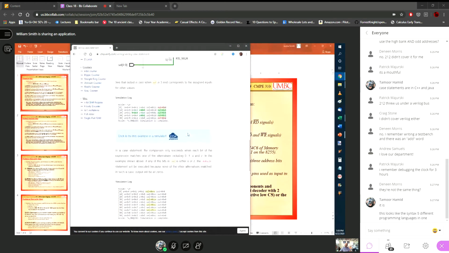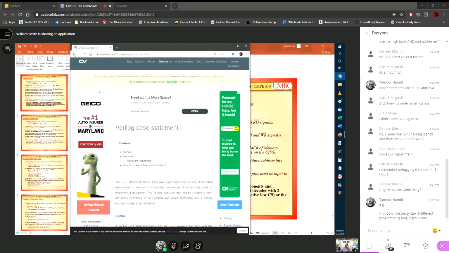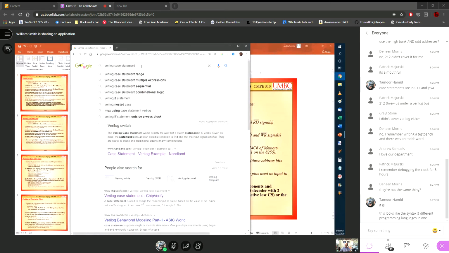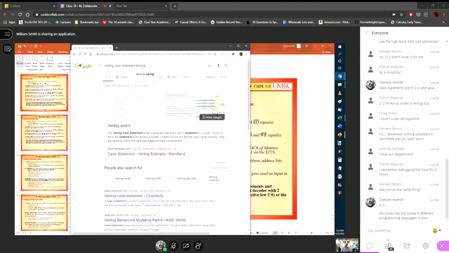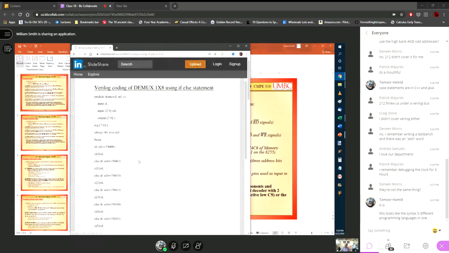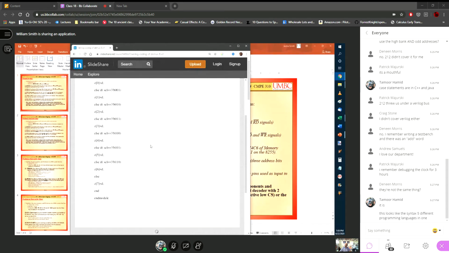All right, let's try one other thing here. Let's try this a little bit more. A little more case statement demux. Yeah, that'll do it.